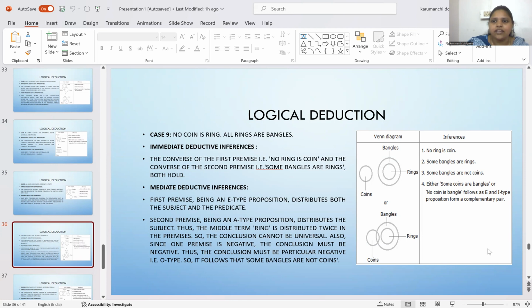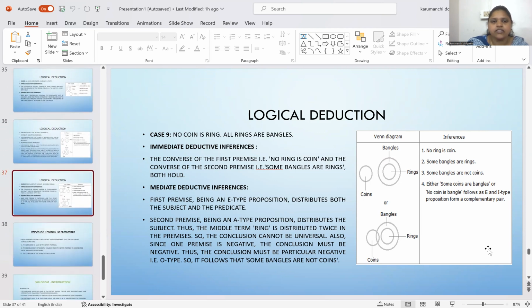Based on that we conclude a statement, and then we change that statement by conversion. So that is how we are deriving Venn diagrams from the statements and the inferences out of them.